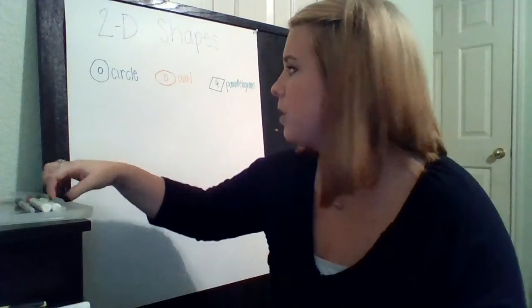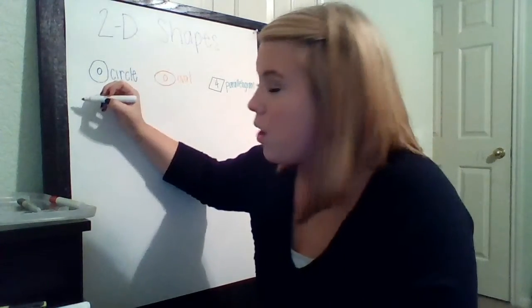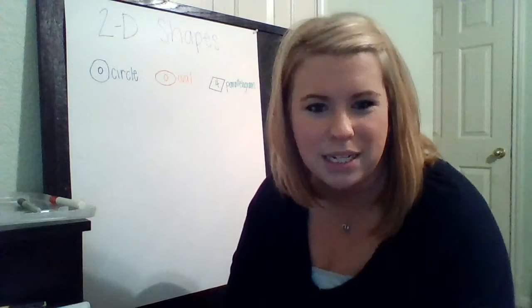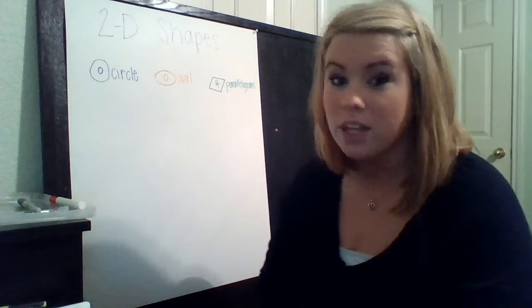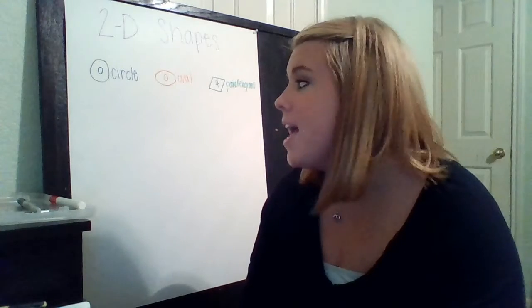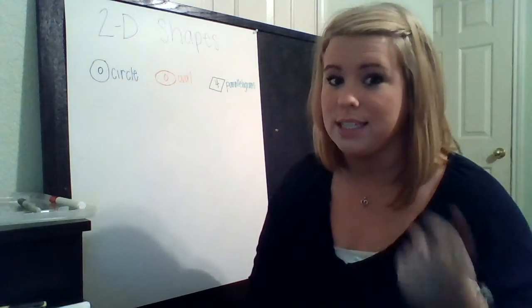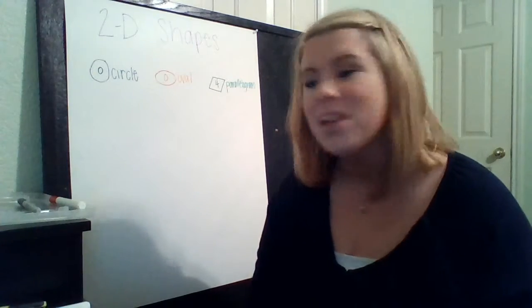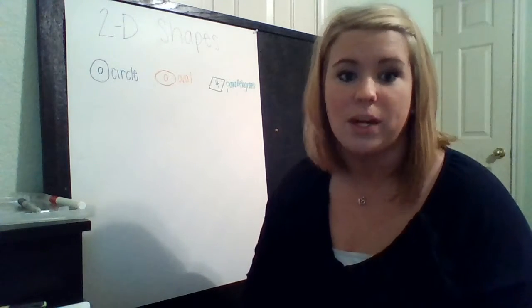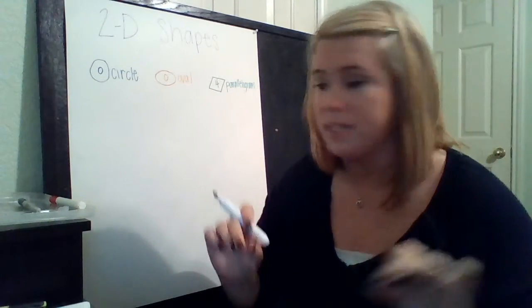The next shape we are going to do is a rectangle. So, who can tell me how many sides a rectangle has? If you say 4, you're right. And I would like to know if you can tell me if all 4 of the sides are equal, because that would be a square. So a rectangle is not a square. It has 2 long pieces and 2 short pieces.